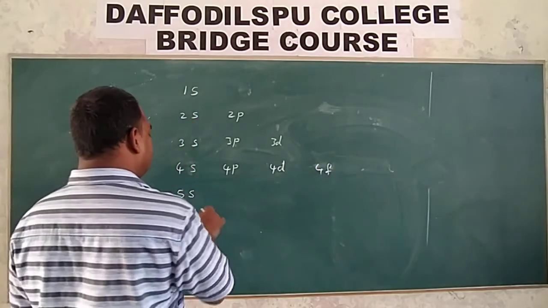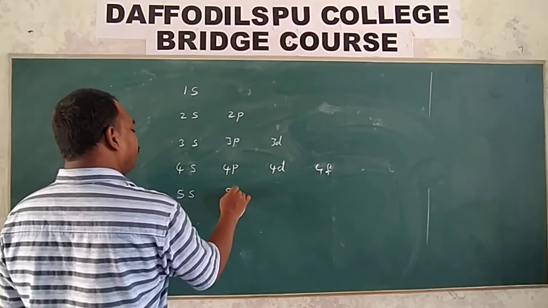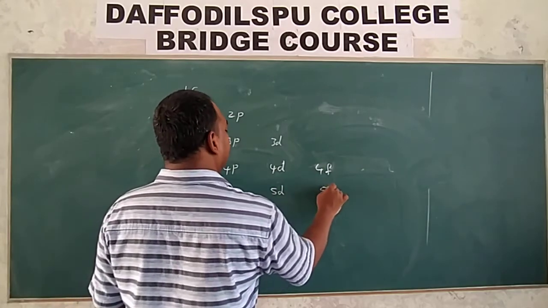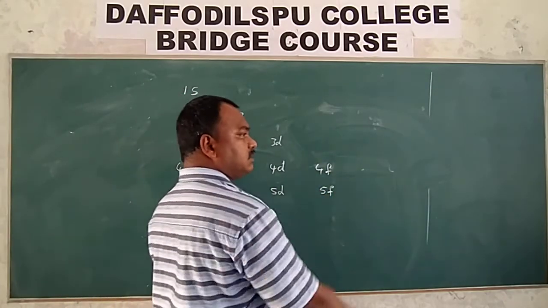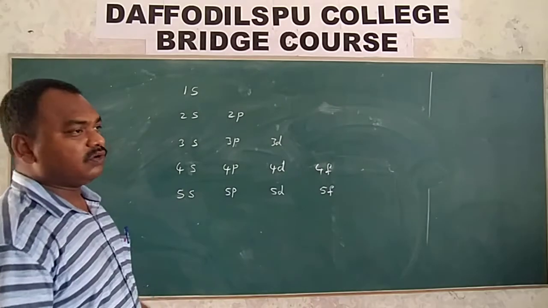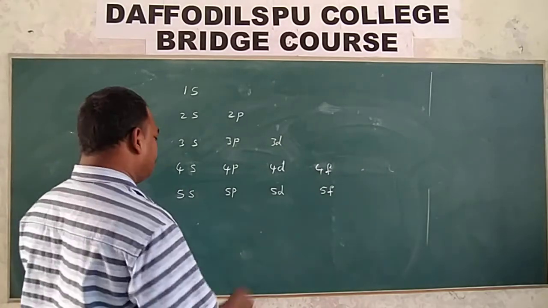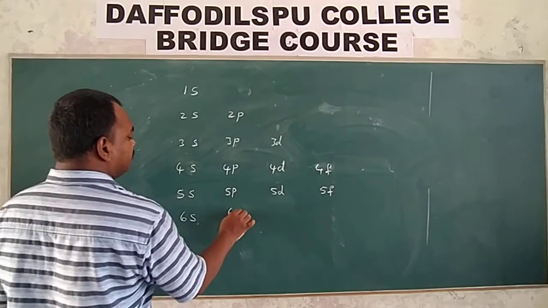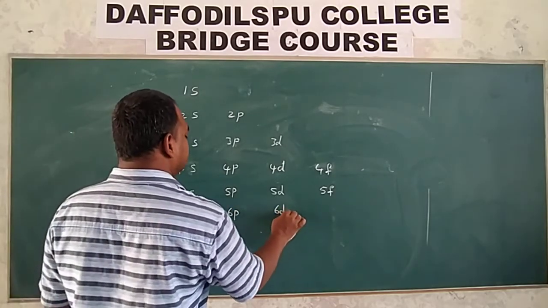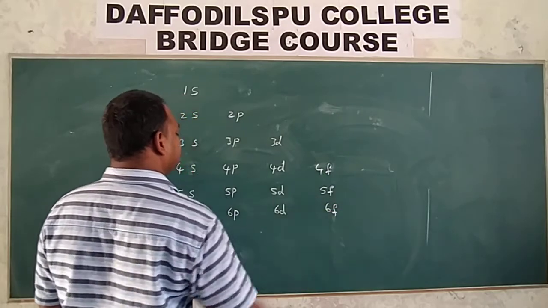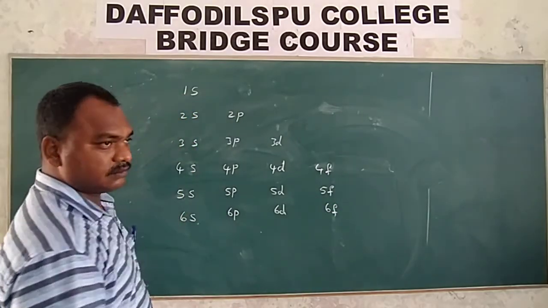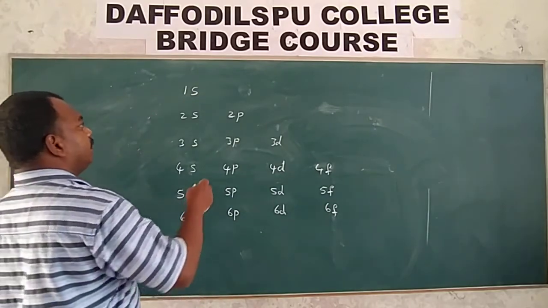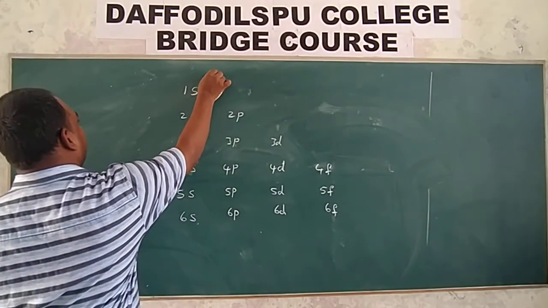The fifth energy level contains 5s orbital, 5p, 5d, 5f orbital, 5g also is there, but we don't need that one, so I am not writing it. Sixth shell, 6s, 6p, 6d. Like that we have to write. So now I am taking up to the sixth shell. Then place a diagonal line.